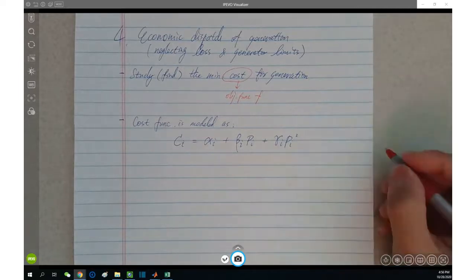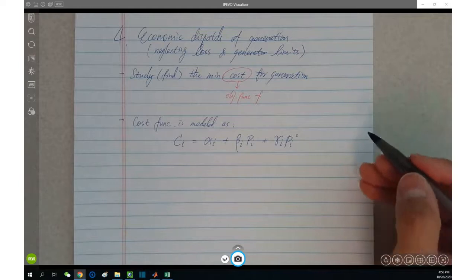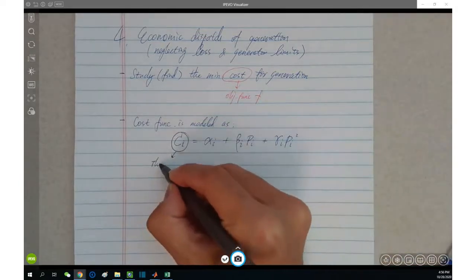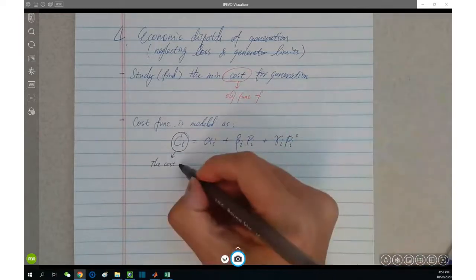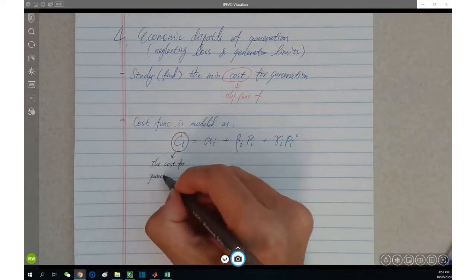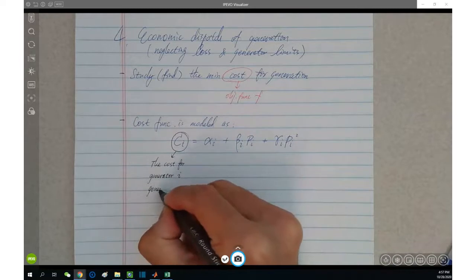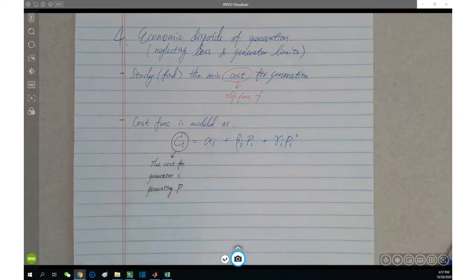Let me explain about them. First of all, this is the cost for generator i generating this amount of power P. We have subscript i, right?